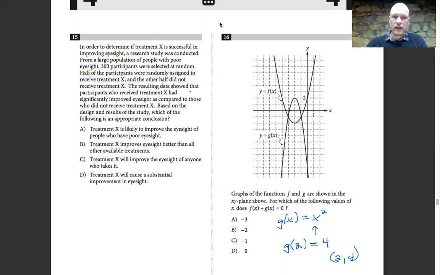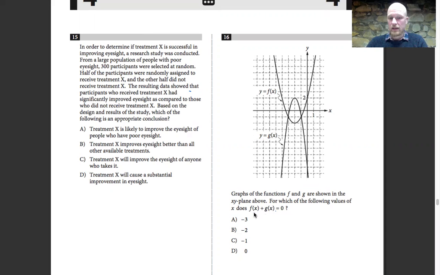So what this is saying is really pretty simple. For what value of x, what x input, will give y values, f of x and g of x, for a given x value input, that will equal 0.